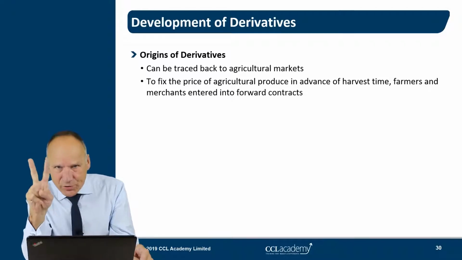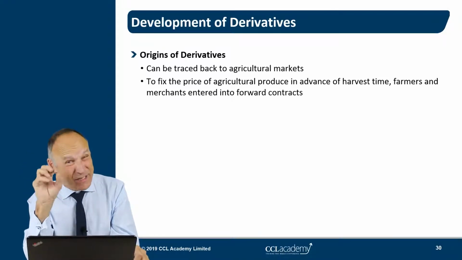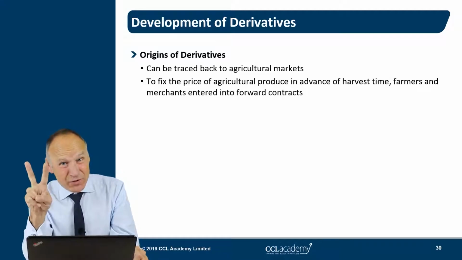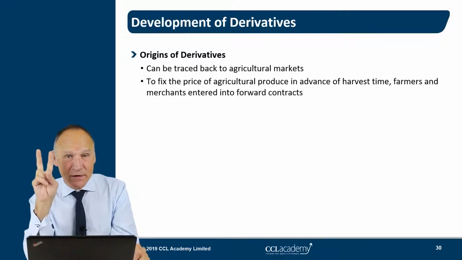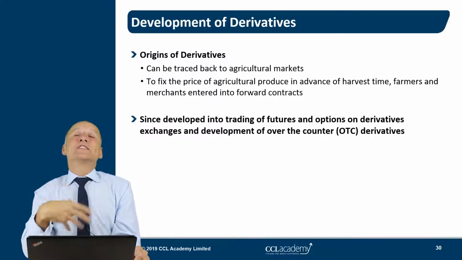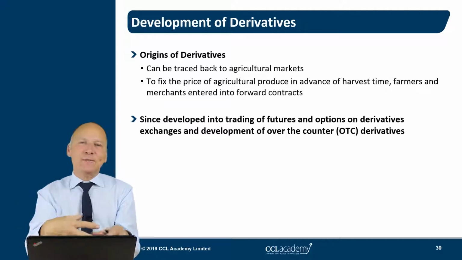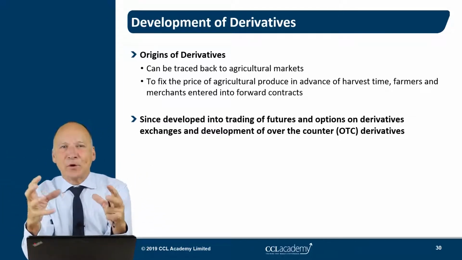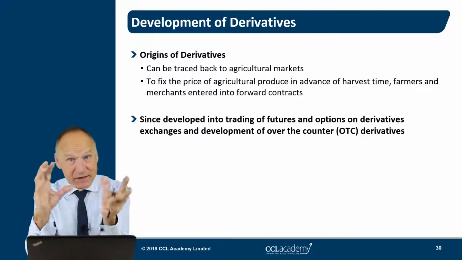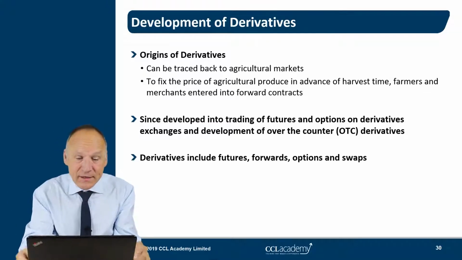Now these are two key types of derivative, and that's what we're covering in this short presentation, forwards and futures. So we've got this development of forwards into more sophisticated forms of derivative, including futures that are tradable, can be bought and sold, and we'll see some more about them in a second.